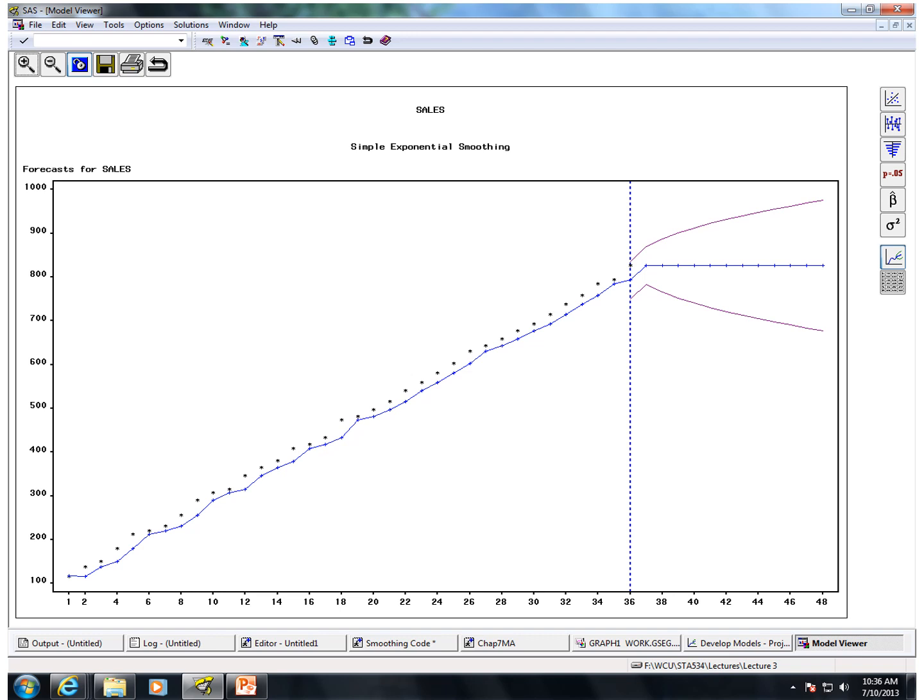And of course, I can see with my eyeball that that's probably a horrible way to do it. The linear trend is very apparent, and I would assume that that linear trend is going to continue. Simple exponential smoothing, though, is saying, hey, you conjectured a horizontal trend, so I'm just going to predict that way. So my forecasts are probably pretty crappy, right?